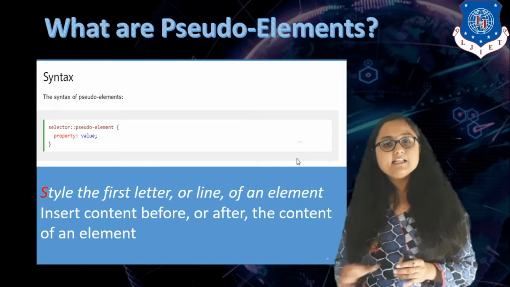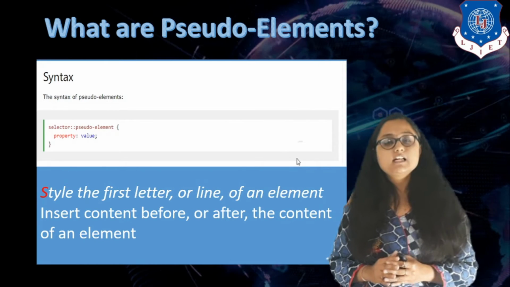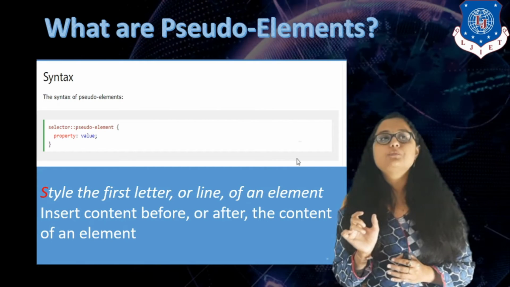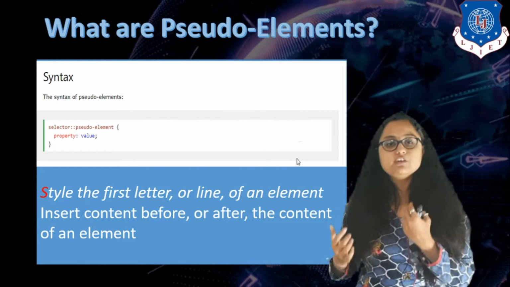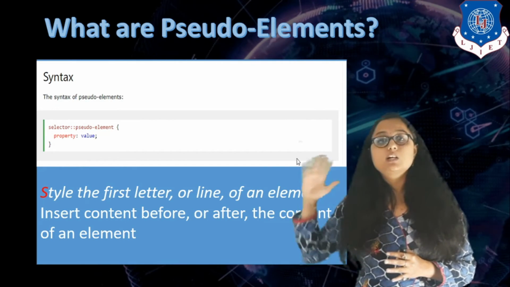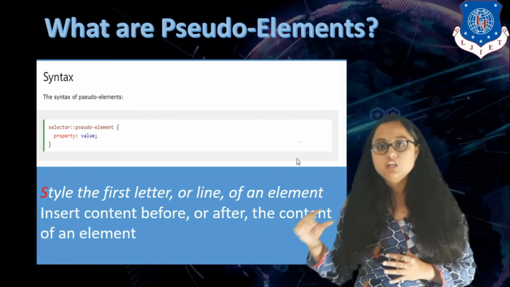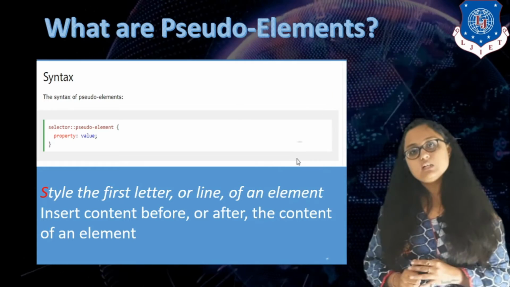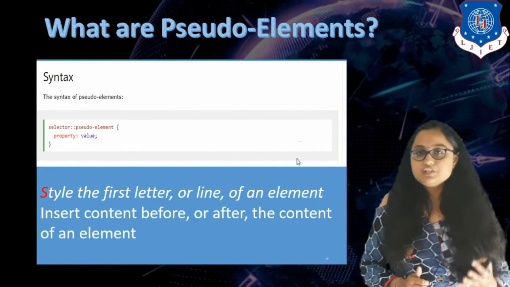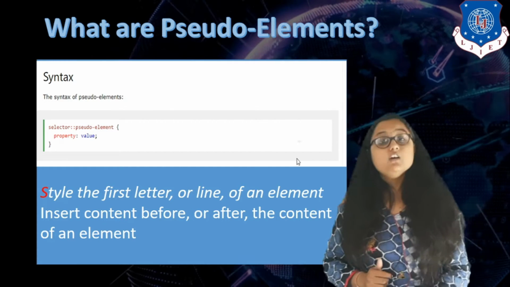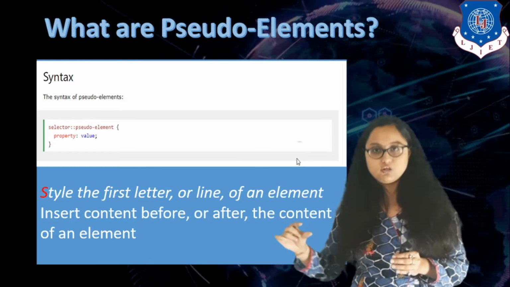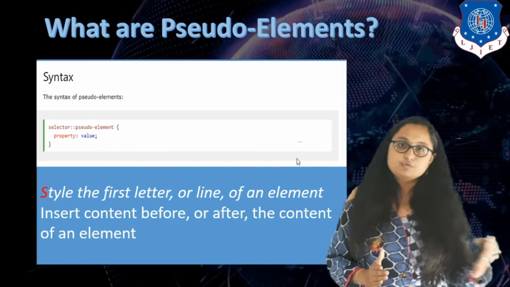So what is the syntax of the pseudo element? You have to specify the selector, whatever element you want to give this pseudo effect. You know that whenever you were using pseudo classes, the operator was colon, but these are not pseudo classes, these are pseudo elements. So there is a difference between a pseudo class and a pseudo element. Whenever you are specifying a pseudo element, you have to use a double colon to distinguish it from the pseudo class.